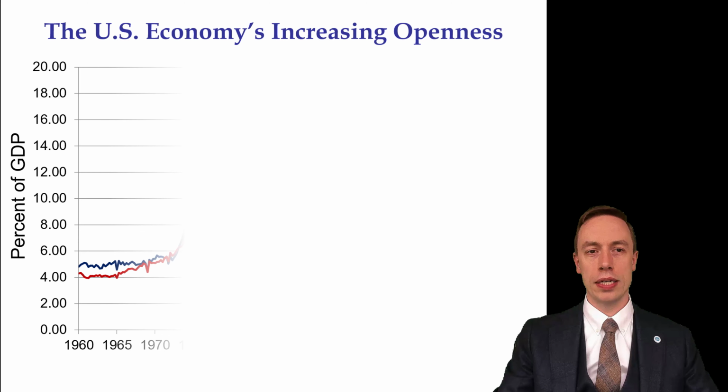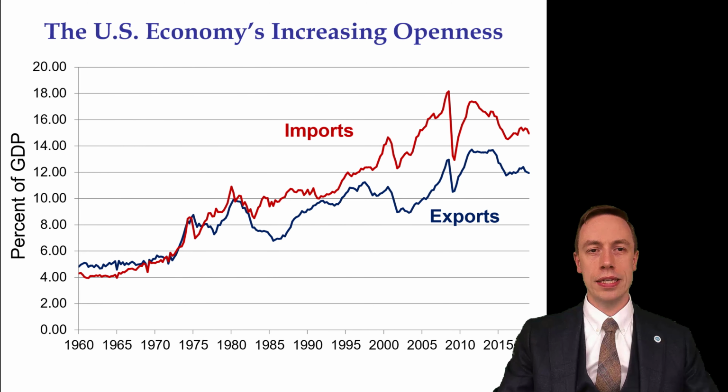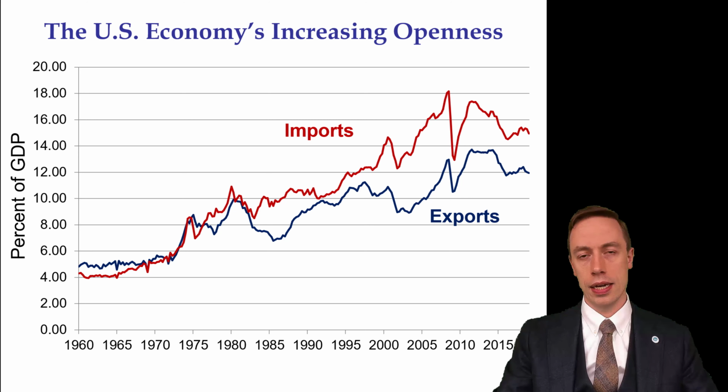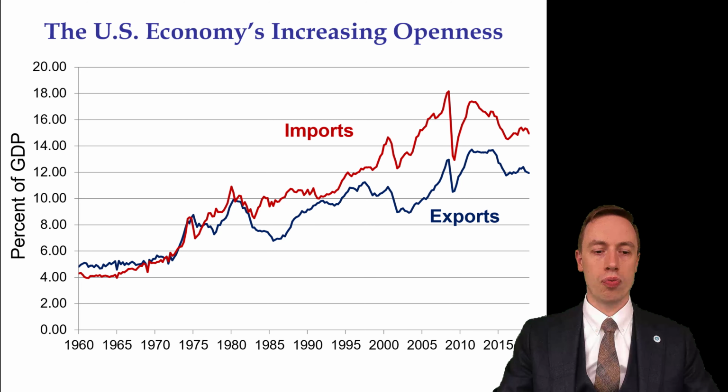So in the case of the United States, you can see here imports and exports plotted as a percentage of US GDP. That takes away the effect of inflation, since we've got prices both in the numerator and denominator, and also the effect of the US having grown over these decades. Even correcting for these two factors, you can see that the US economy has become more open over the last 70 years.